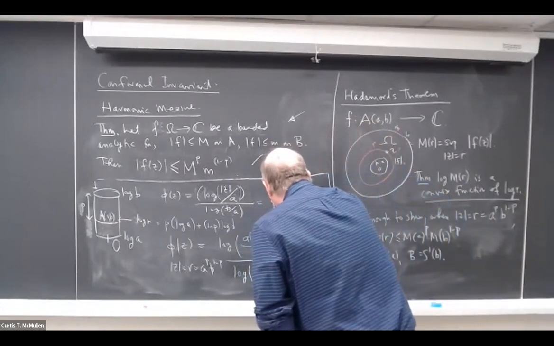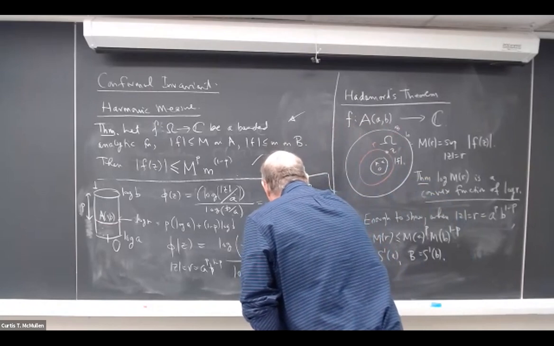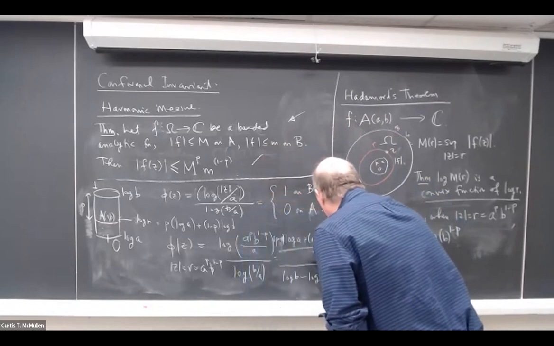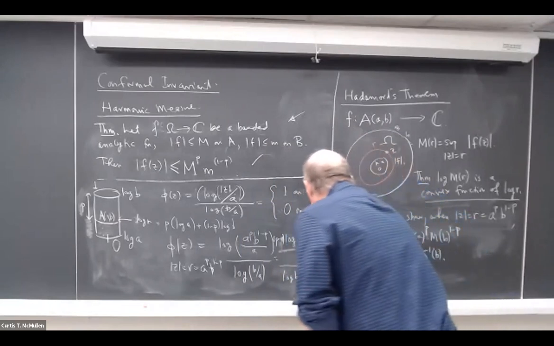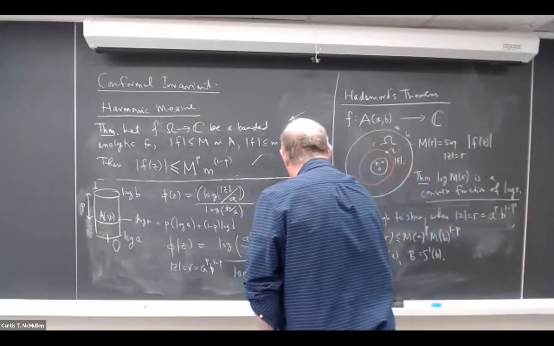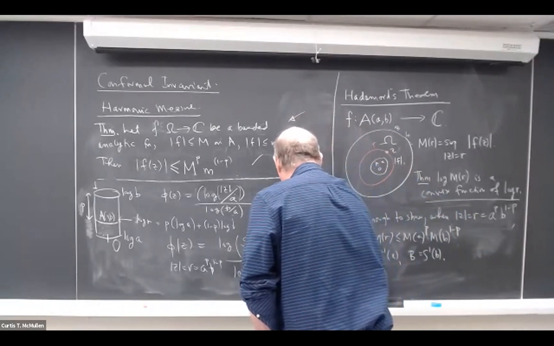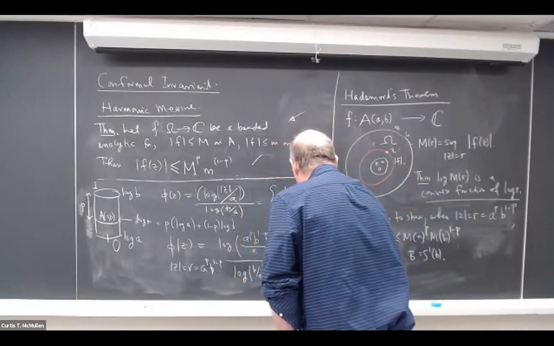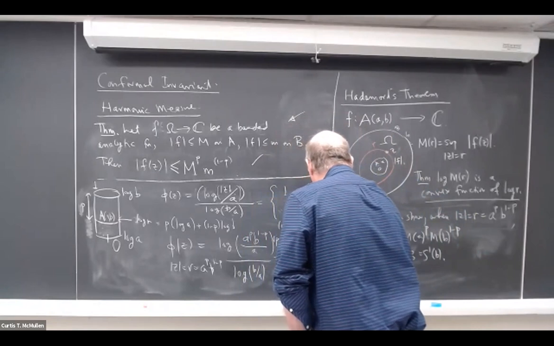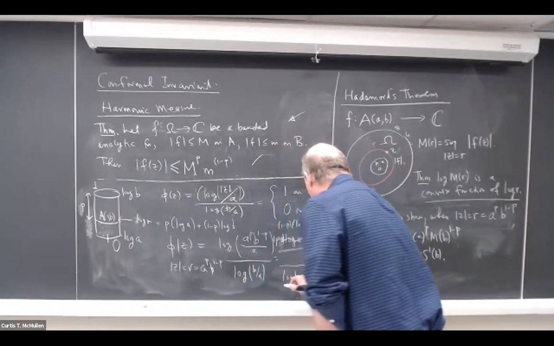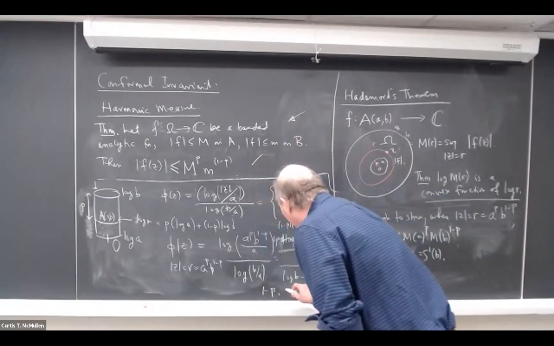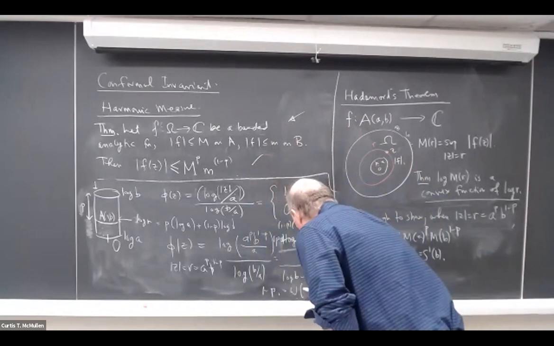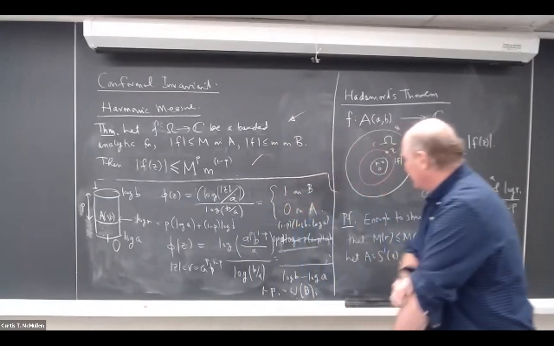Sorry, this is p minus 1 log A plus 1 minus p log B over b minus a. So this is just 1 minus p times log b minus log a, divided by log b minus log a. So the upshot is this is 1 minus p, and that's the harmonic measure of the interval b.